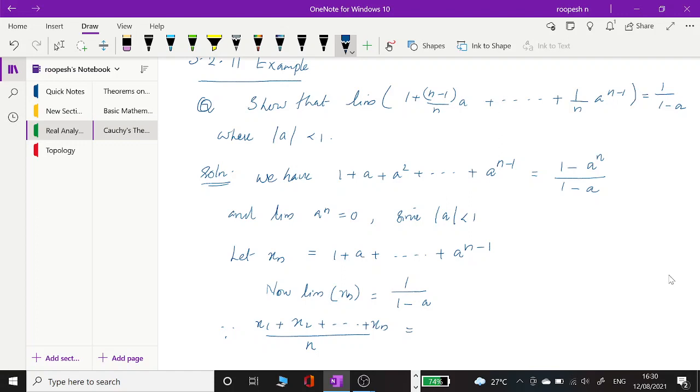This sequence should be exactly 1 plus n minus 1 by n into a plus etc plus 1 by n into a raised to n minus 1. Is it clear? The sequence is nothing but this.